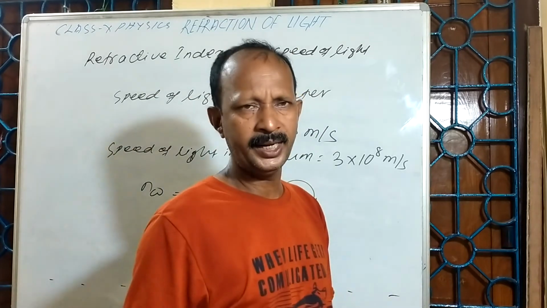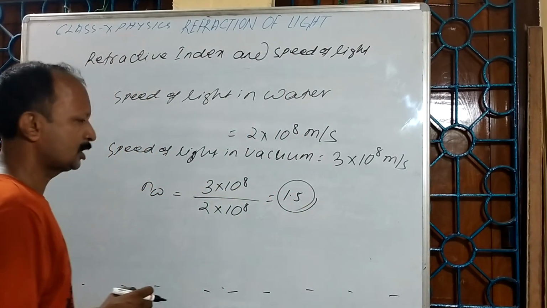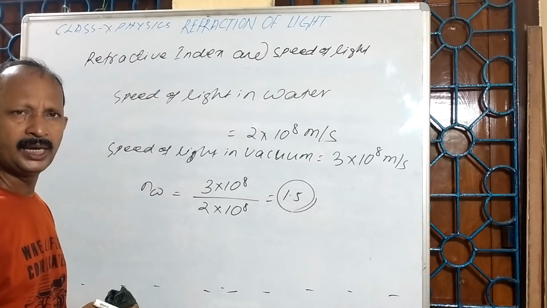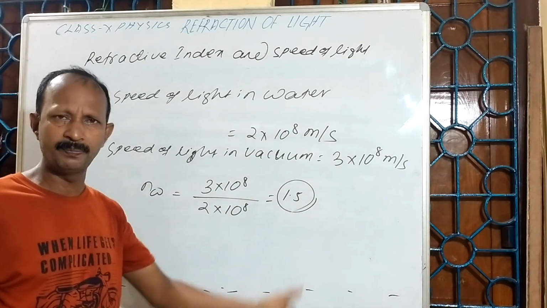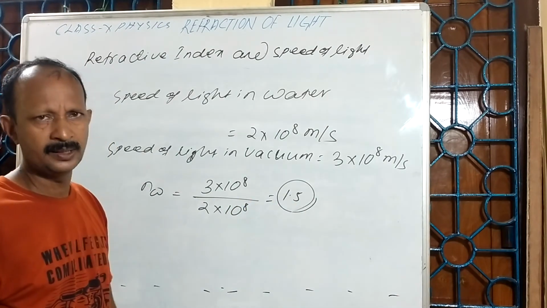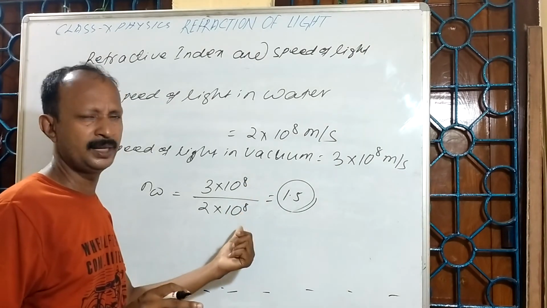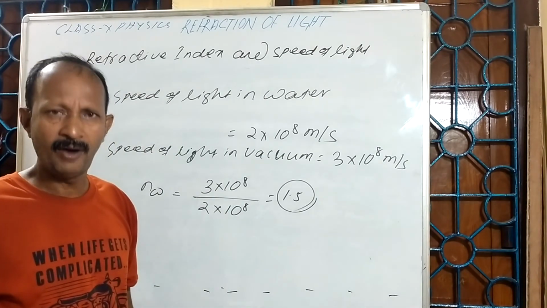The relationship between refractive index and speed is inversely proportional. When the speed increases, refractive index decreases, or speed decreases, refractive index increases. So whenever I say refractive index of water is 1.5, that means the ratio between speed of light in vacuum to the speed of the light in water is 1.5.